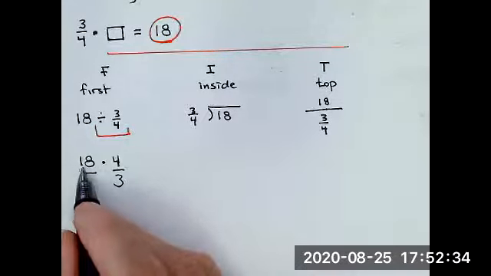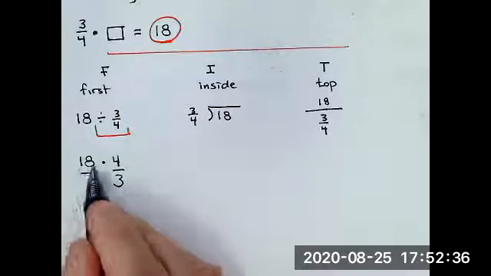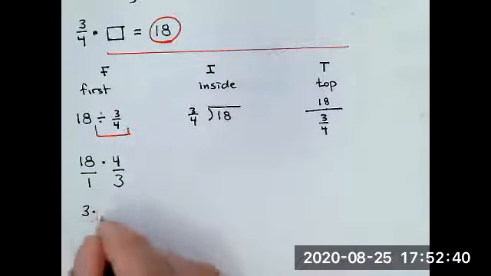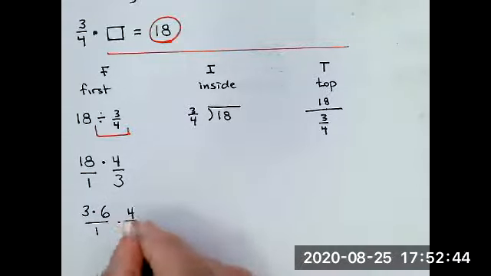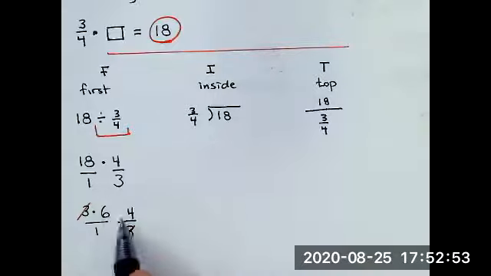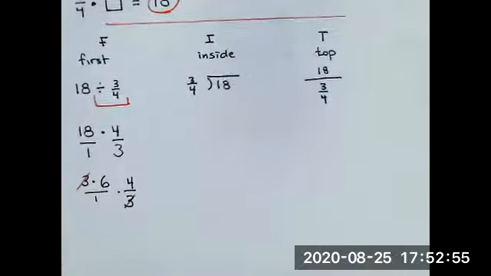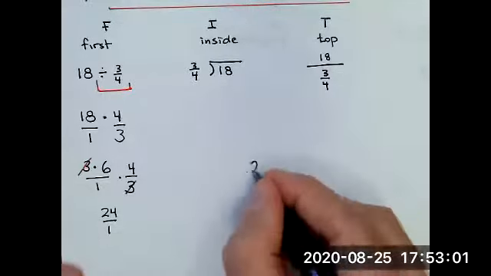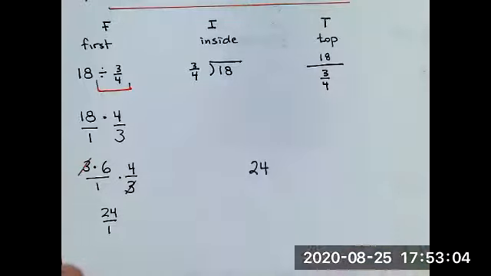18, I could do 2 times 9 or 3 times 6, but I'm looking at that 3, so I'm thinking 3 times 6. Three over 3 equals 1. 6 times 4 is 24. 24 divided by 1 is 24.